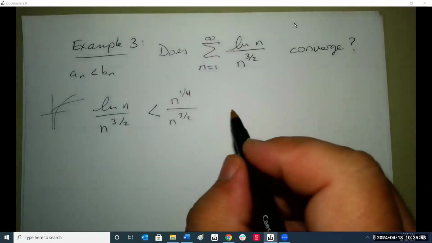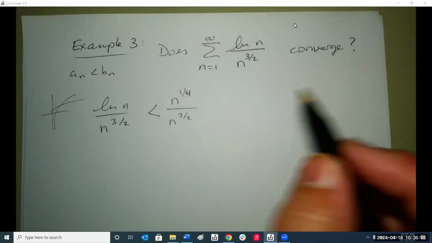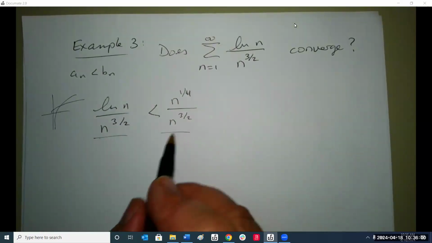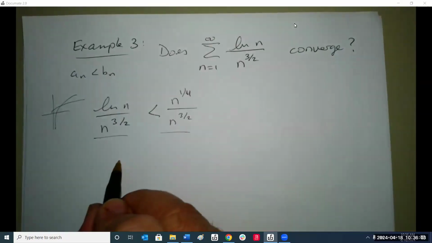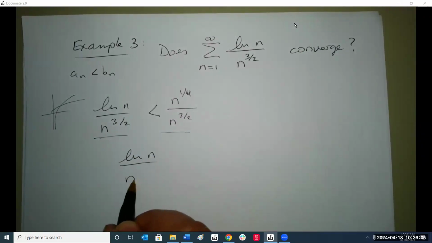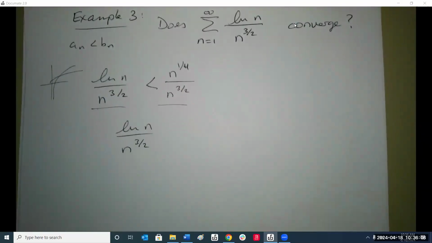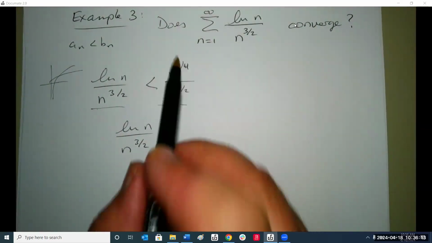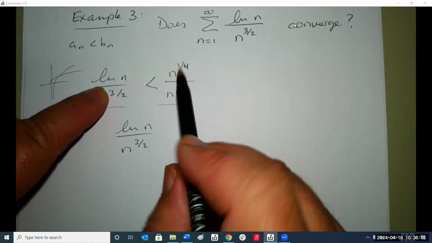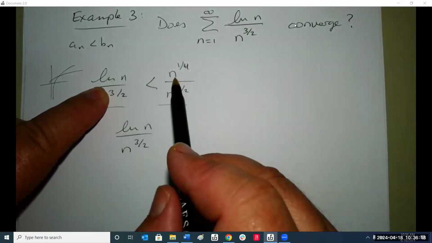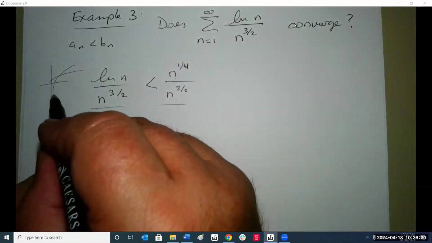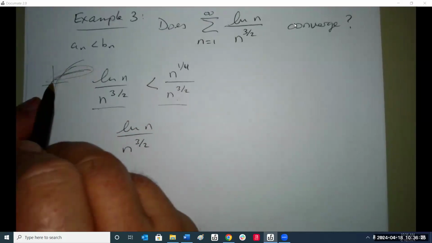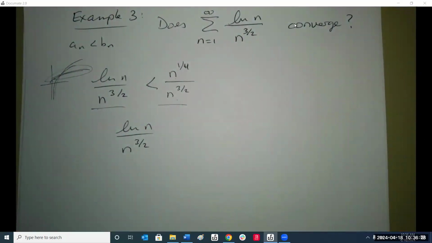So we do 1/4. Since the denominators are the same, we have to compare the numerators. So ln n is less than n to the power 1/4. Ln n goes like this. So the smaller the numerator, the bigger the function is going to be.